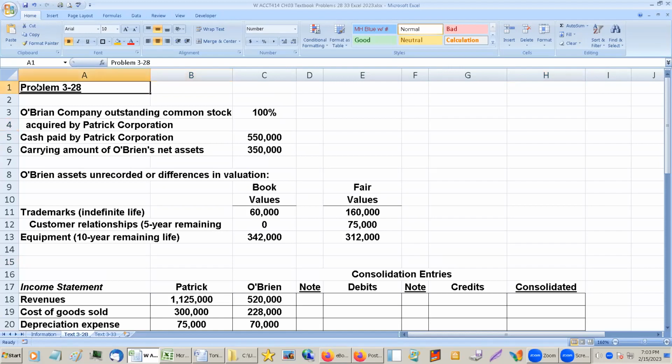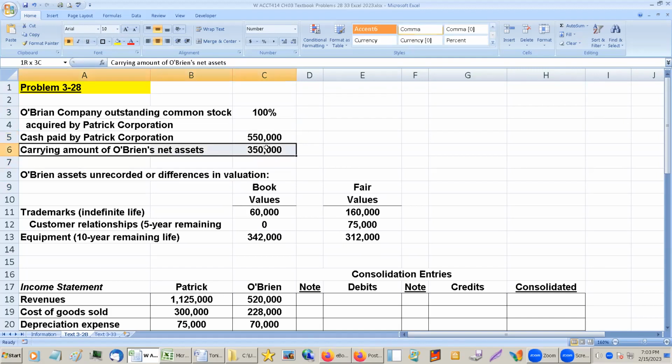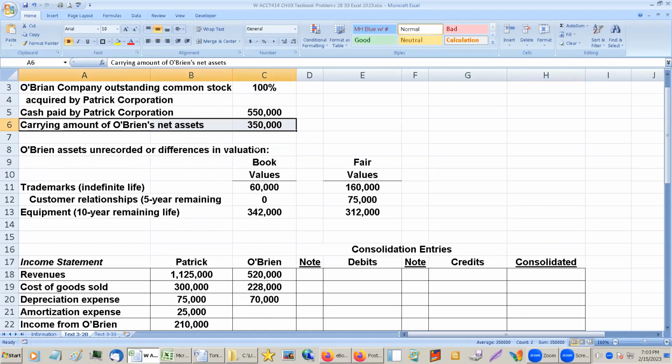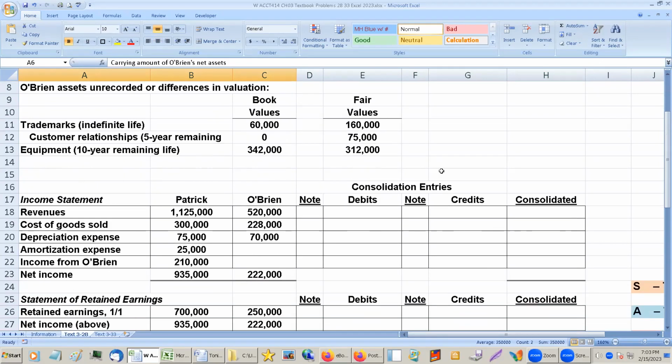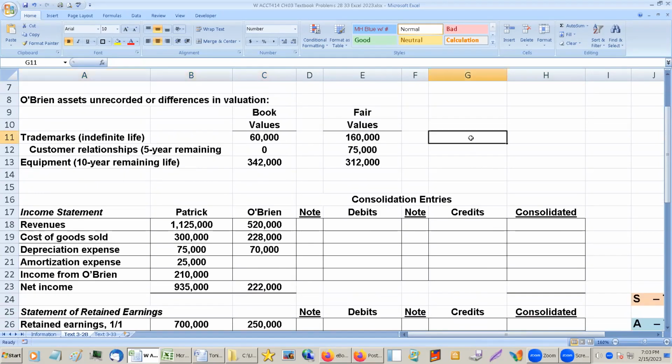So problem 328. All right, 100% of their stock. This is the price that they paid. This is the carry amount of the assets. And we have some differences in reported values.